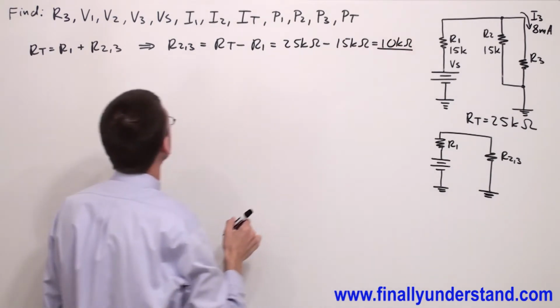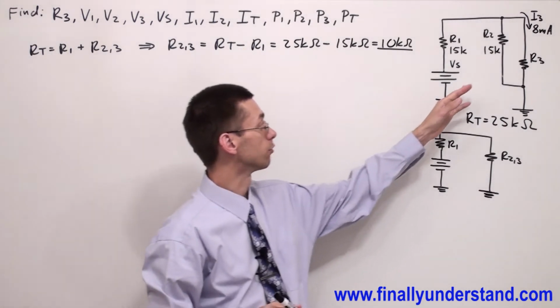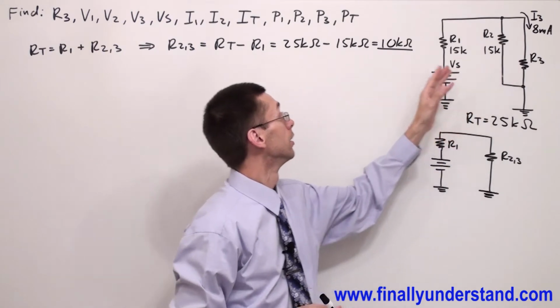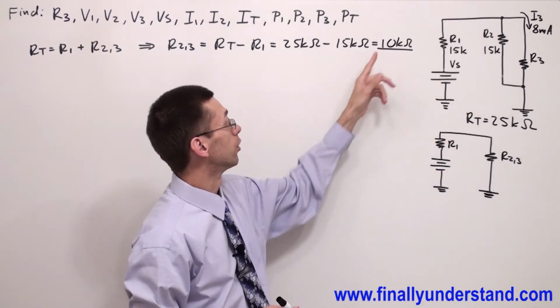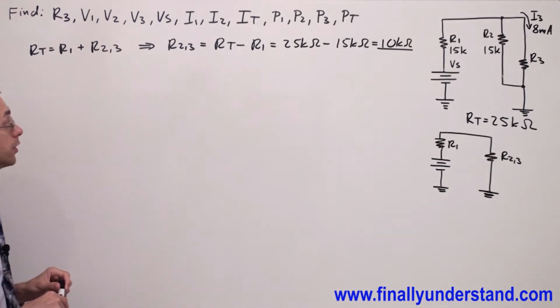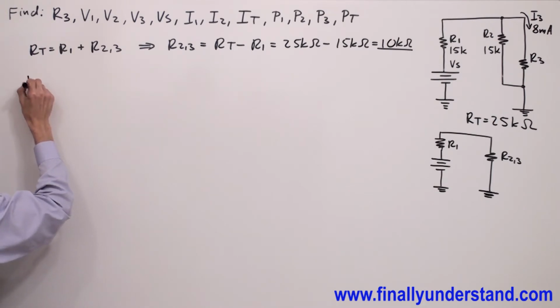So I found that R2, 3, the combination of these two resistors, okay? These two resistors are in parallel, give me the value of 10 kiloohms. Now, so I have the total resistance of resistor R2 and R3, and I have R2, so now I can use the formula called product over the sum.